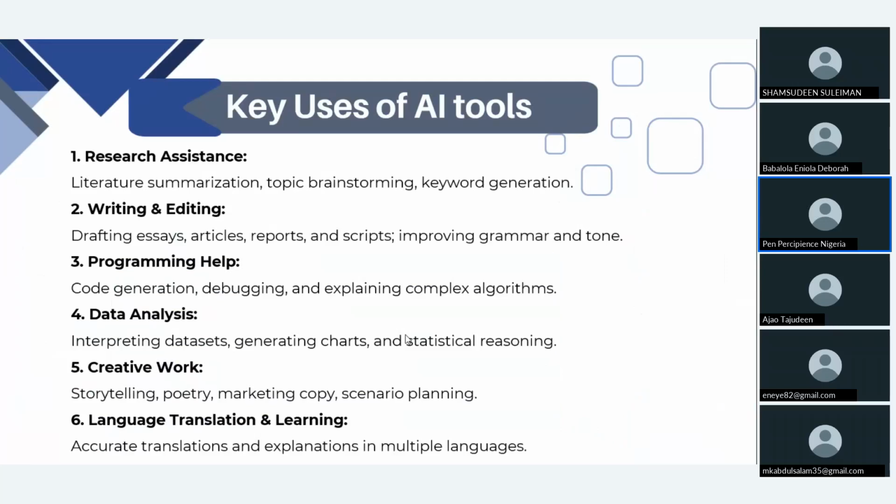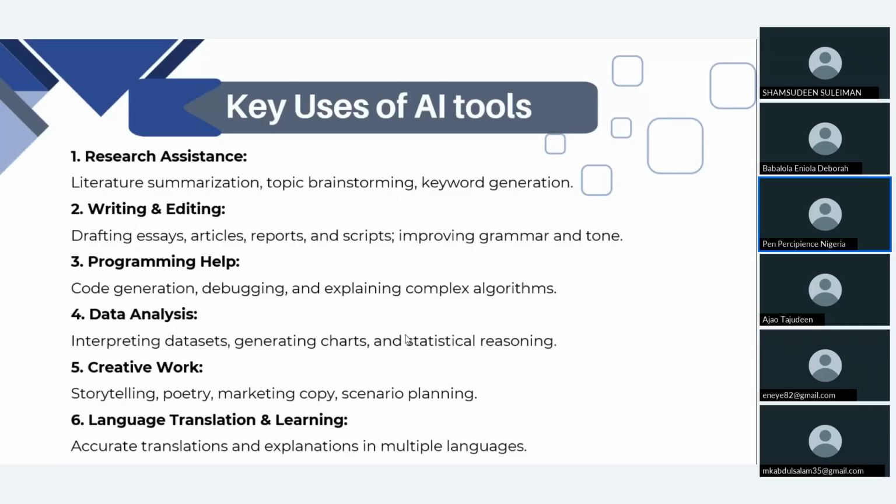But before we look into ChatGPT, I just want to stress some of the key uses of AI tools in your research. Number one, AI tools can be used as research assistants. They can help you in literature summarization, topic brainstorming, and keyword generation. Number two, AI tools can be used in writing and editing.